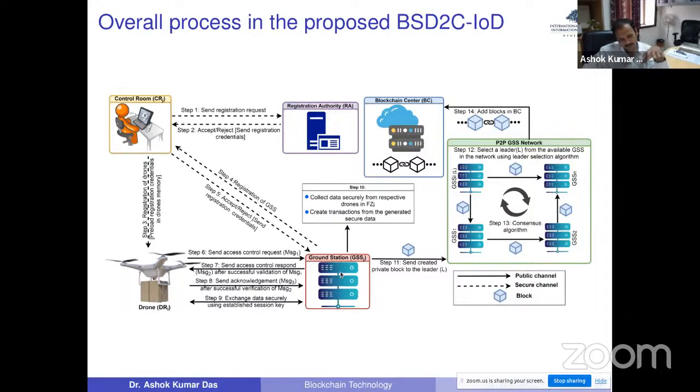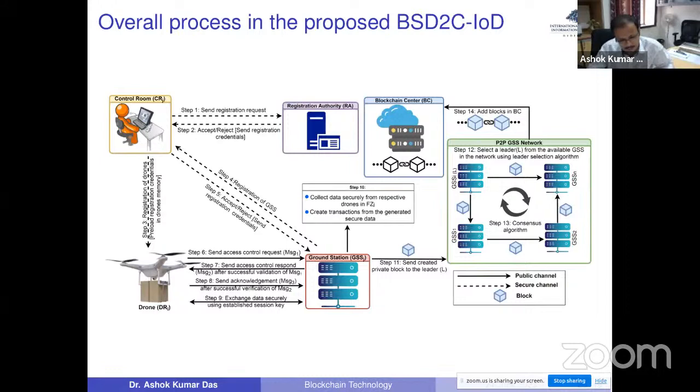Then we have the registration of the drone in offline mode. That means the control room will generate the private-public key pairs of the drone, along with other credentials on behalf of the drone, and that information will be stored in the drone's memory prior to deployment of the drone in the field.